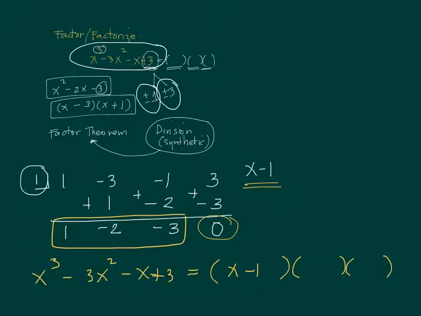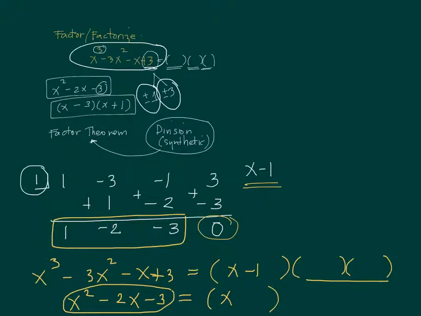So this one, 1, negative 2 and negative 3, means x squared minus 2x minus 3. And to find the other factors, you just have to factor this. That will be x minus 3 and x plus 1. So the complete factored form of the polynomial is x minus 1, then x minus 3, and x plus 1.